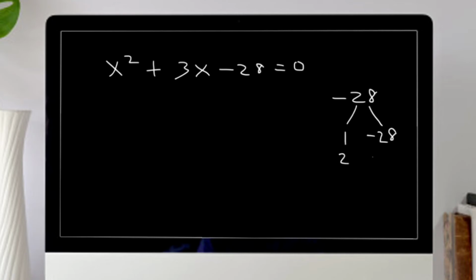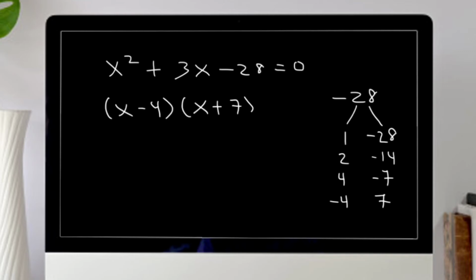If we divide negative 28 by 2, negative 14. 3 doesn't go into it. If we divide it by 4, we'll get negative 7. 4 and negative 7 differ by 3. If we add them, it's negative 3. So we need to change the sign. So it's going to be x minus 4 times x plus 7, which means that x is equal to positive 4 and negative 7.